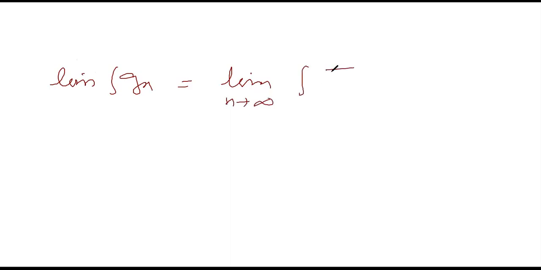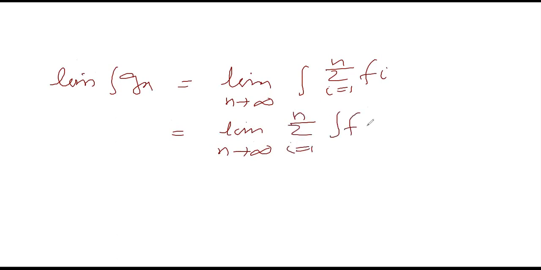One more thing: if we calculate the limit as n approaches infinity of the integral of g_n, where g_n is the summation i runs from 1 to n of f_i, this is equal to the limit of the summation of the integrals of f_i, because it's a finite sum.